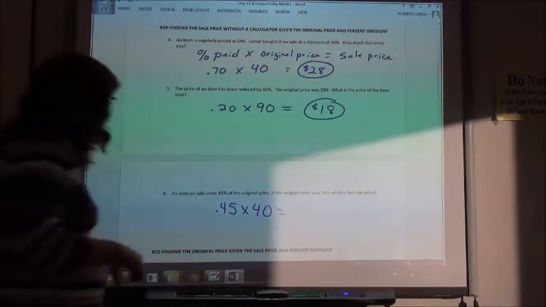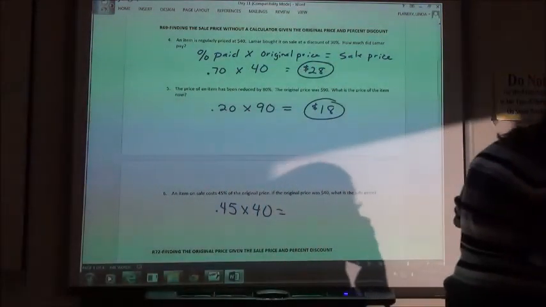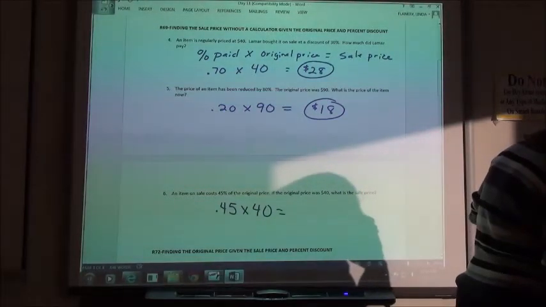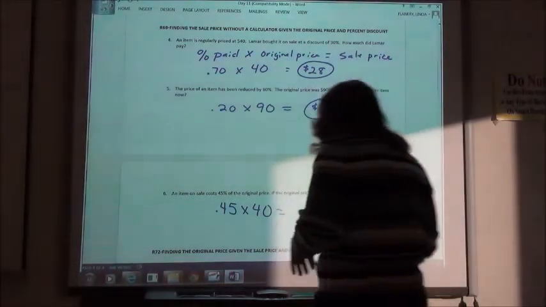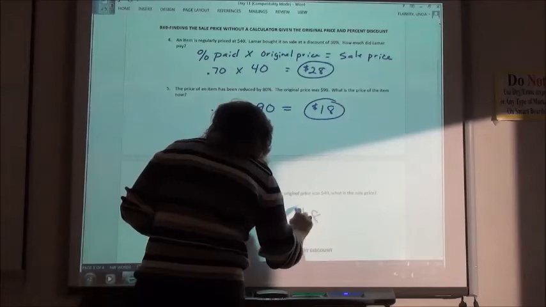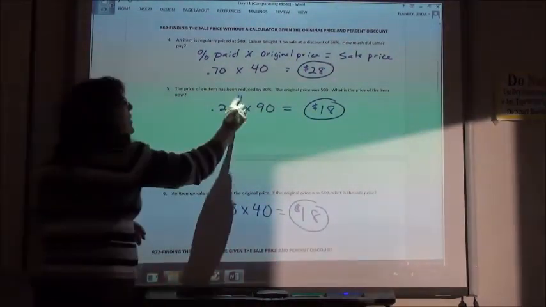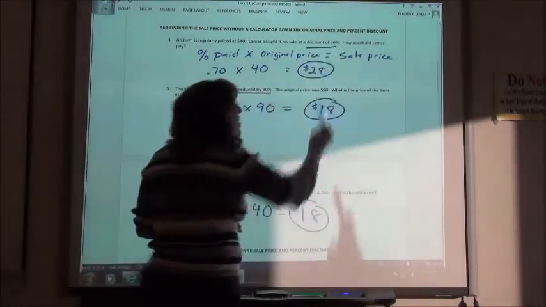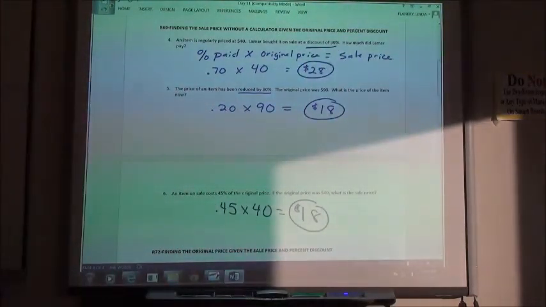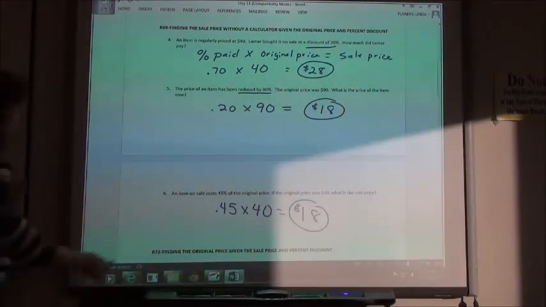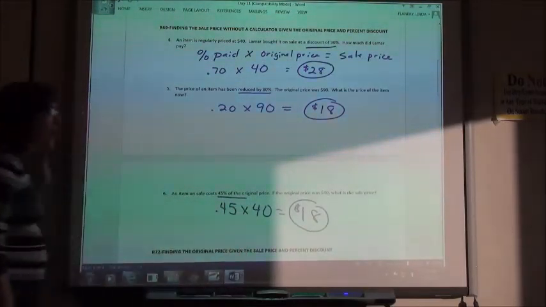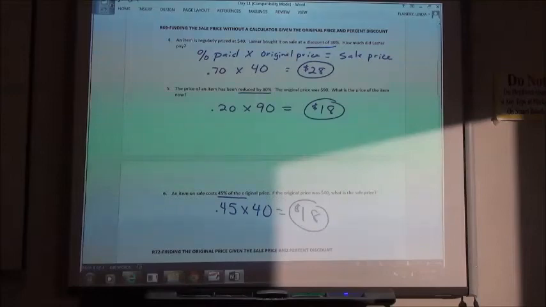I don't know, I didn't multiply it out. Yep, that's what I'm getting, 18. 18 again. So be careful on there. If it's reduced, discount, less, off, all of those wordings, we have to use the complement. But if it says of the original price, then I use that percentage that they have listed in the problem.